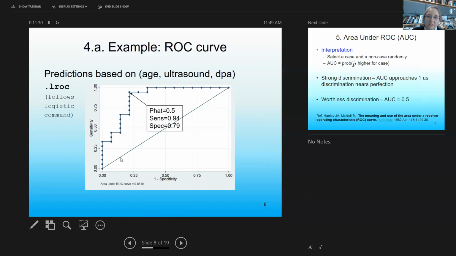The worthless discriminating rule is right along the y equals x line, such that at any point the true and false positive fraction at a specific cutoff is the same. The different points you see are all of the different cutoffs that we could have chosen to declare a test positive versus a test negative.